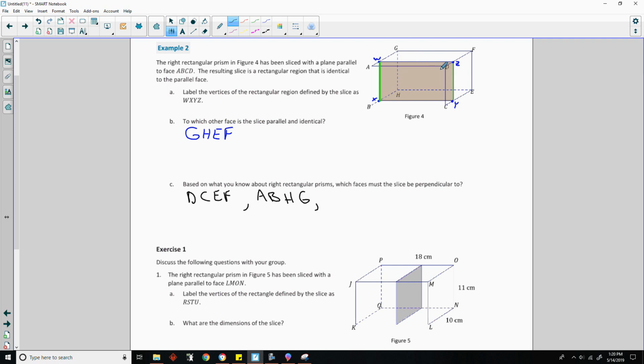So this shaded plane is perpendicular to the surface plane, A, D, F, G. And it is also perpendicular to the base plane, which is B, C, E, H. So it's perpendicular to all four sides that it's not parallel to.